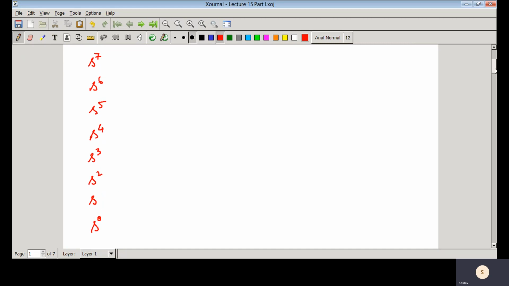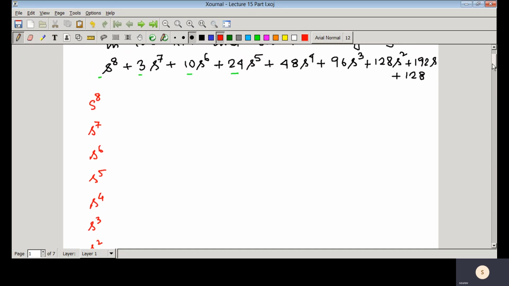Here the first row is 1, 10, 48, 128, 128.